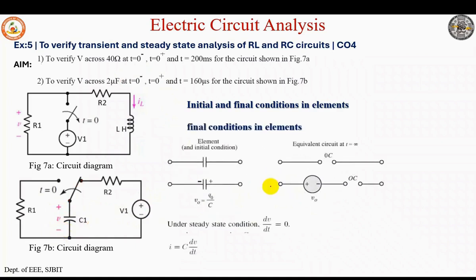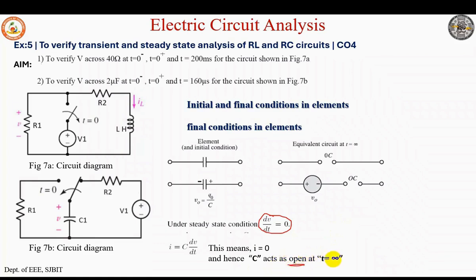Now what about final conditions? Under steady state condition, there will be no change in voltage across capacitance, just as there will be no change in current through inductance. In this case, there is no change in voltage across capacitance. Thus I is given as C dV by dt, that is, current goes to 0. How do we represent current 0? By open circuit.